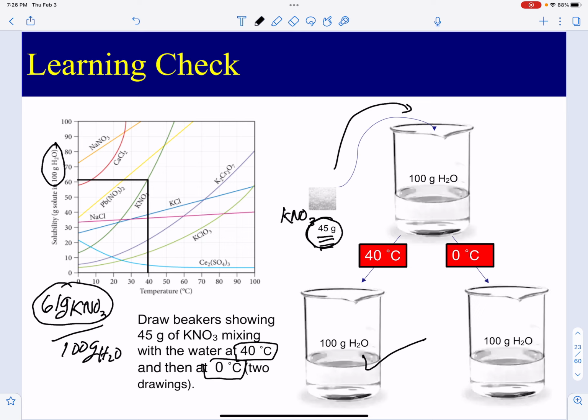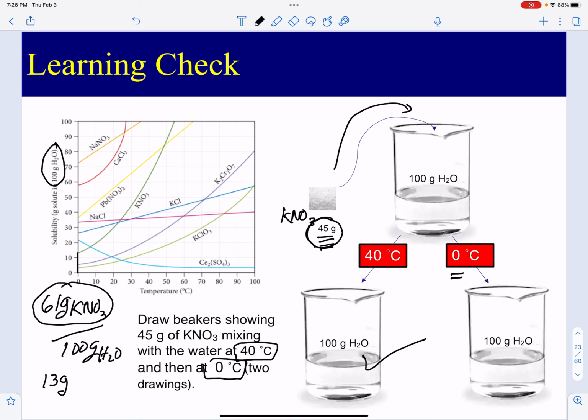What about at 0 degrees Celsius? Well, at 0 degrees Celsius, we're going to go there and see that potassium nitrate is right there, which is around, I would say, about 13 grams.